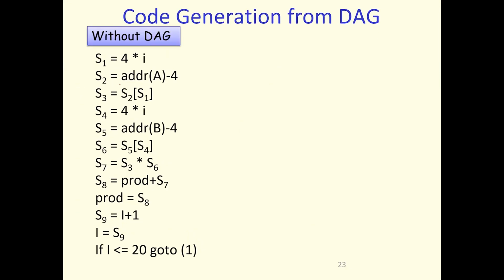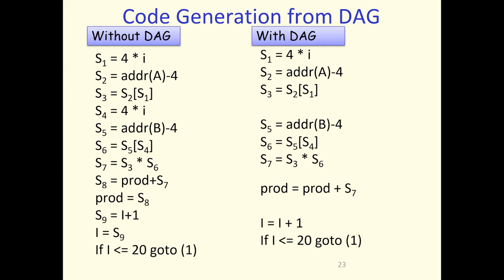I just made a few things explicit, like array dereference. But if I use a DAG, I can delete a lot of common expressions, like S4 is gone. Similarly, these two statements get combined into one, and these two statements get combined into one. So in a way, I am able to save on certain locations.